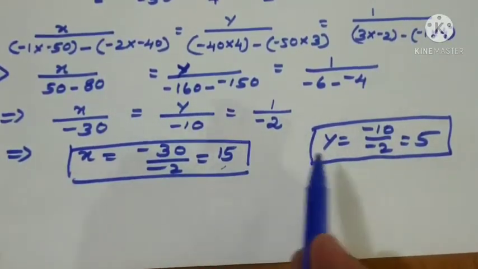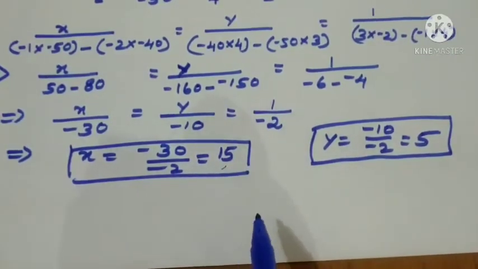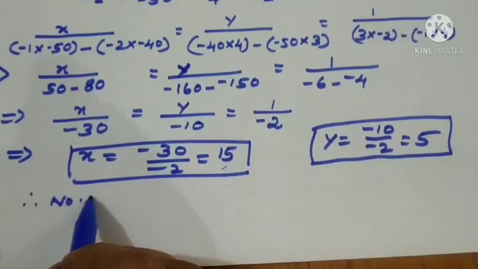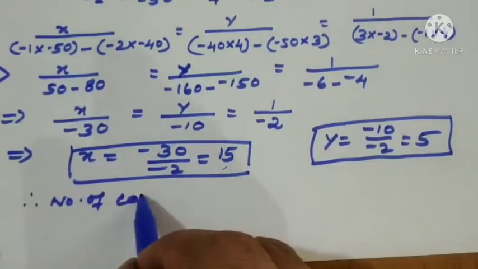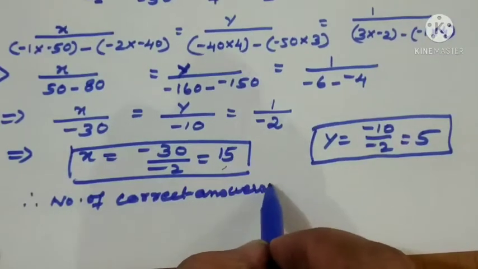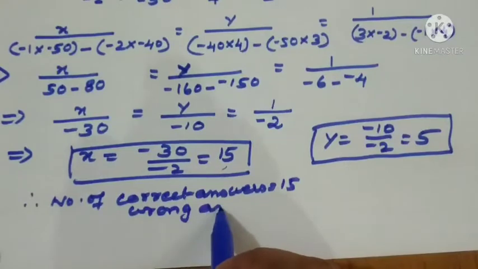So the total number of questions they have asked, 15 plus 5 we can do, that is 20. So we can conclude, the number of correct answers is 15, wrong answers 5.